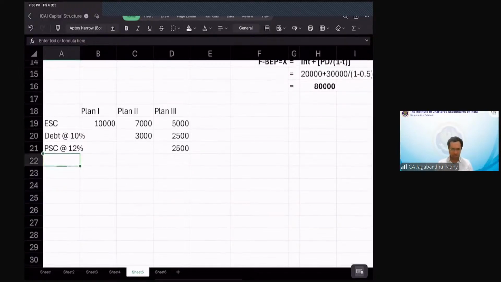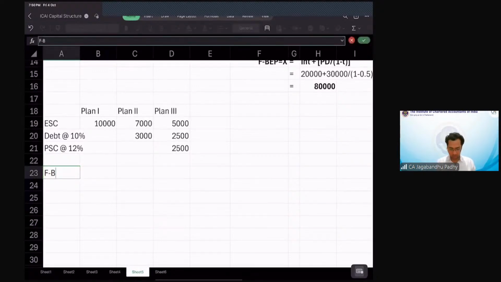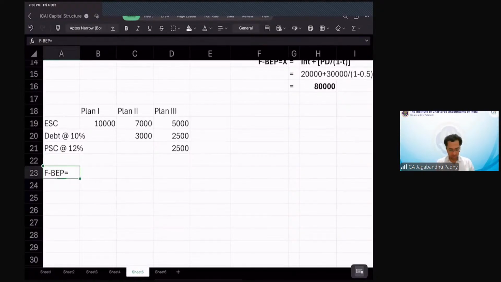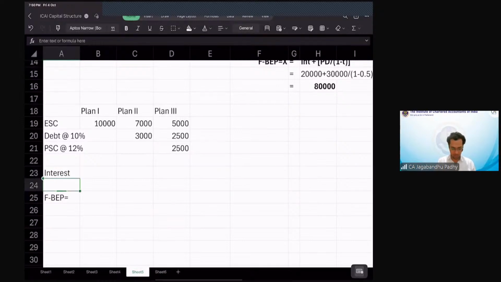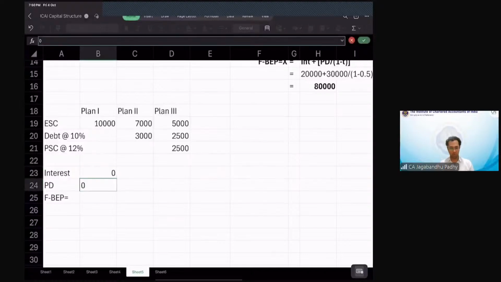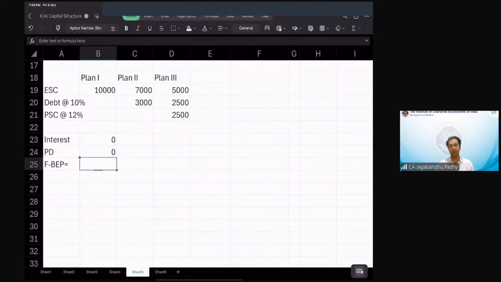Now, each of these plans is definitely going to have a different financial break-even point. Right. So before we compute the financial break-even point, let's talk of what is the amount of interest and what is the amount of preference dividend? In the first case, can I say no interest, no preference dividend in the first plan?